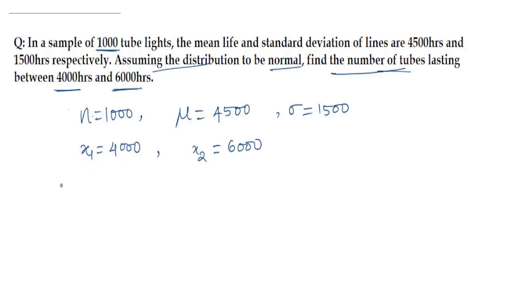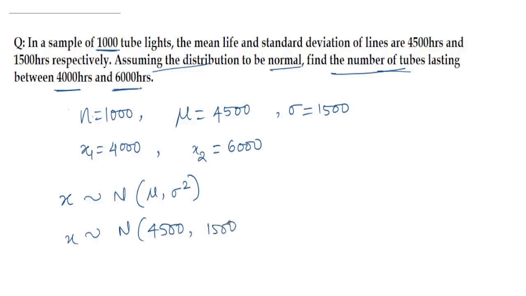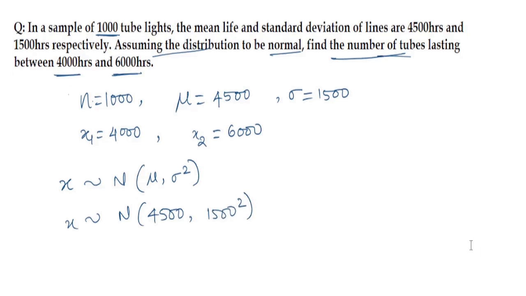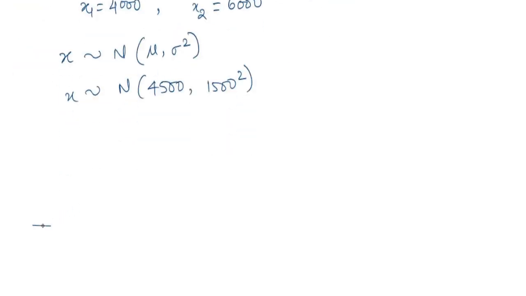Here x is a random variable which follows the normal distribution with mu and sigma square, that is, x follows mu as 4500 and sigma square as 1500 square. Let us draw the diagram.